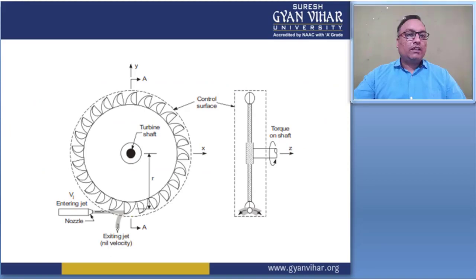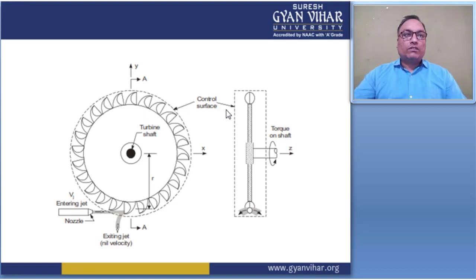Suppose in this figure, this figure gives the different types of components. Here this is the turbine shaft, and on the periphery of this turbine shaft, a big wheel is connected, and on the outer diameter of this wheel, all buckets are connected. These are the control surfaces.